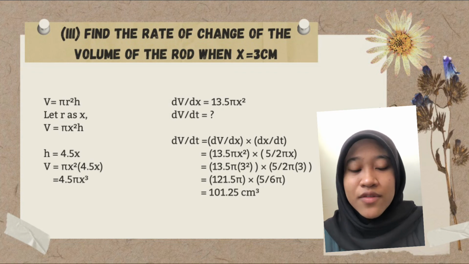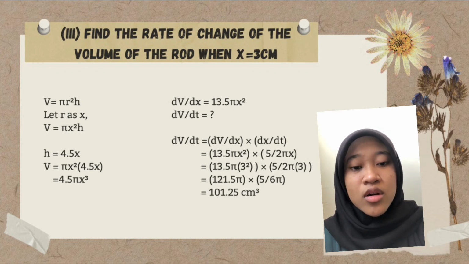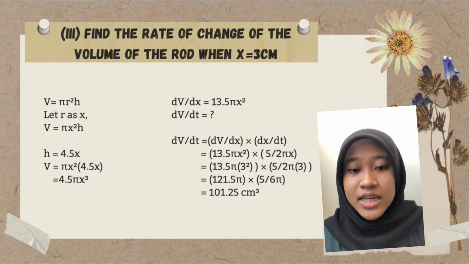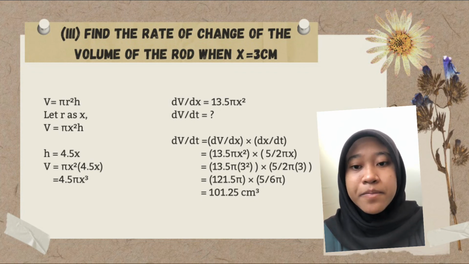So we need to differentiate 4.5 pi x cubed. It will become dV/dx equals 4.5 times 3, which is 13.5 pi x to the power 3 minus 1, equals 2. So 13.5 pi x squared. Then we need to find dV/dt.